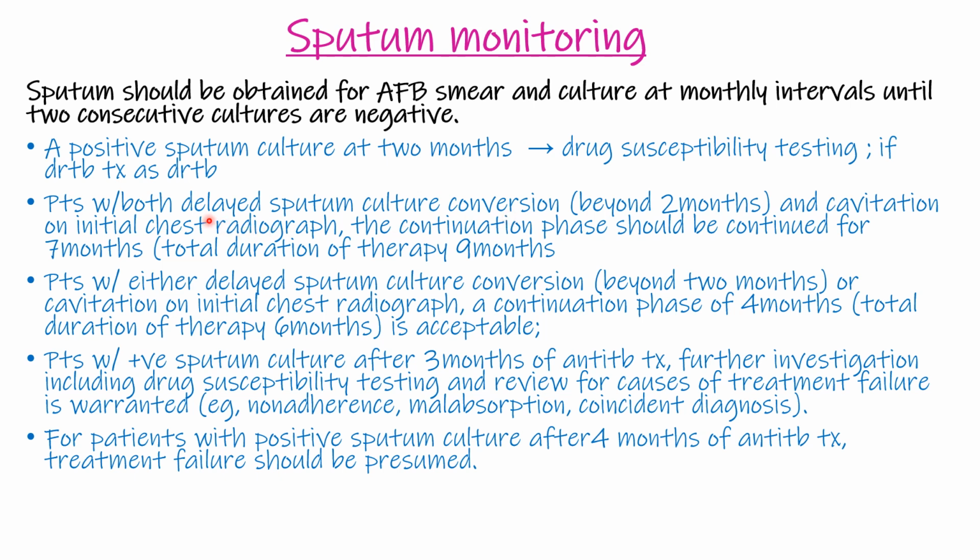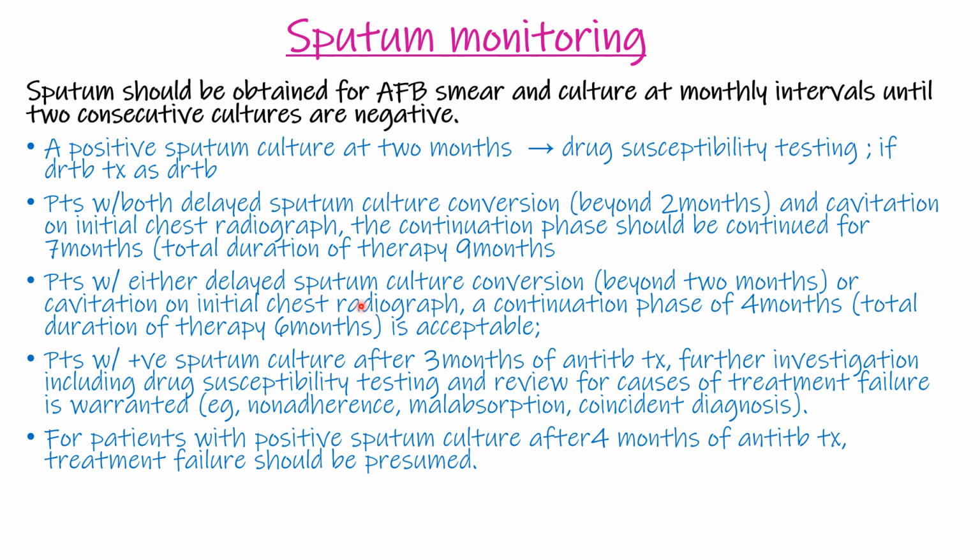However, when you have delayed sputum culture conversion from positive to negative, that is beyond 2 months, plus at the initial presentation you did a chest X-ray and you saw cavitation, then you'll have to do continuation phase for 7 months, and now you'll have a total of 9 months. I hope that statement is understood. Next, this is where you have both delayed conversion and cavitation on the chest X-ray.